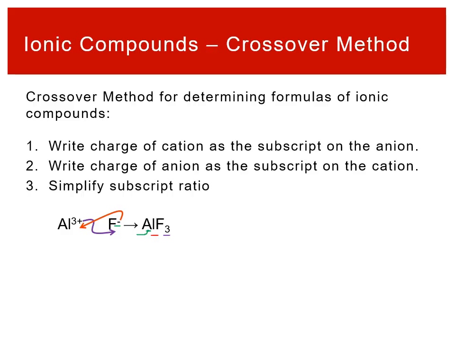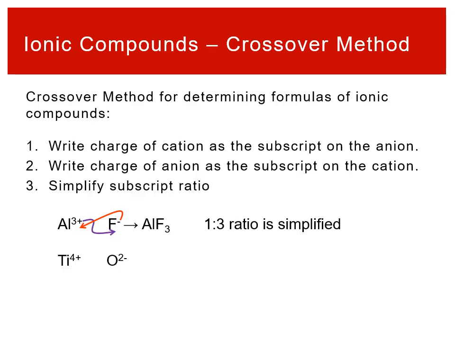That's step 1 and step 2; you do them at the same time. Step 3 then was simplifying. I have a 1 to 3 ratio. As a fraction, that'd be 1/3. When we're talking about simplifying, we're talking about simplifying fractions. You can't simplify 1/3 anymore. So AlF3 is where we're at.